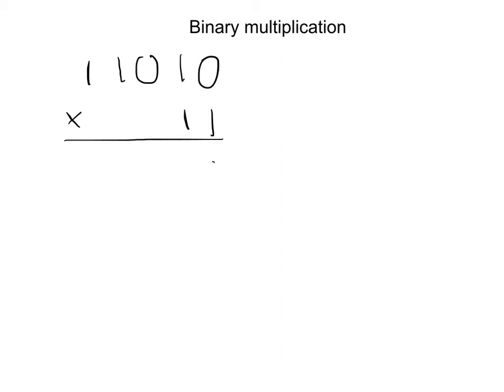So it's 0, 1, 0, 1, 1. Now I move to the next column over. And like in decimal multiplication, I put a 0 here, and now I start multiplying, because it's in the so-called tens column. So now it's 0, 1, 0, 1, 1.